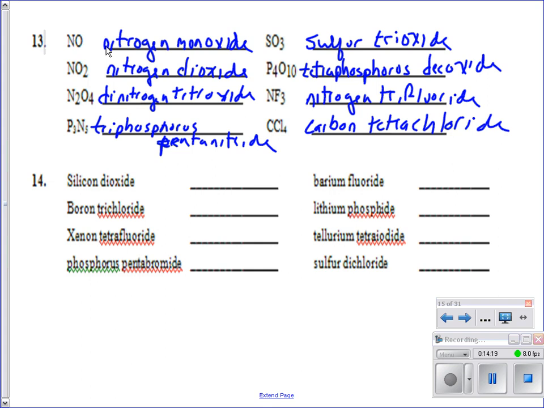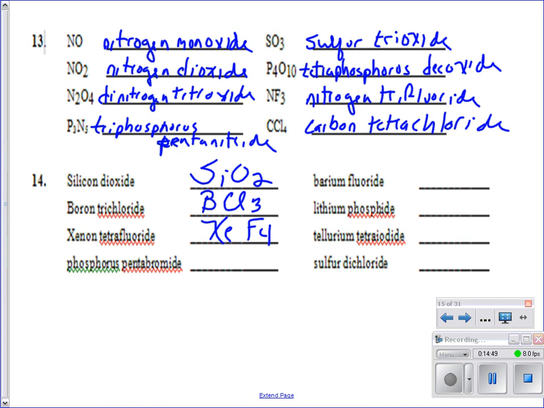Silicon dioxide, what would be the formula? SiO2. Boron trichloride. Xenon tetrafluoride. XeF4.